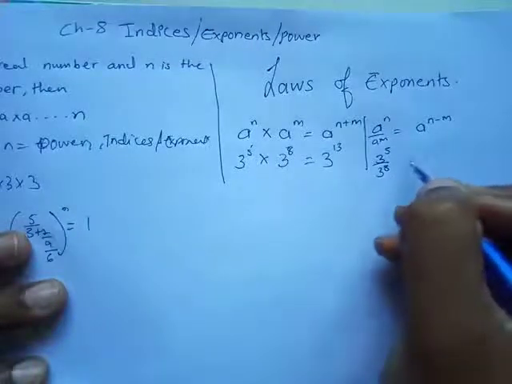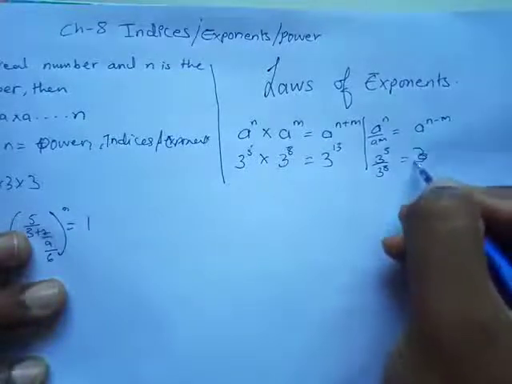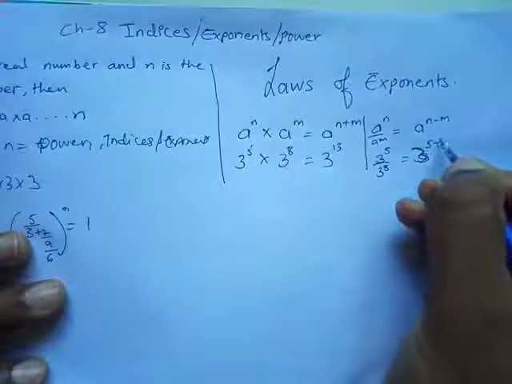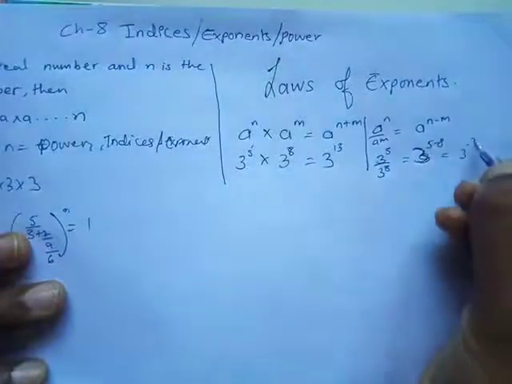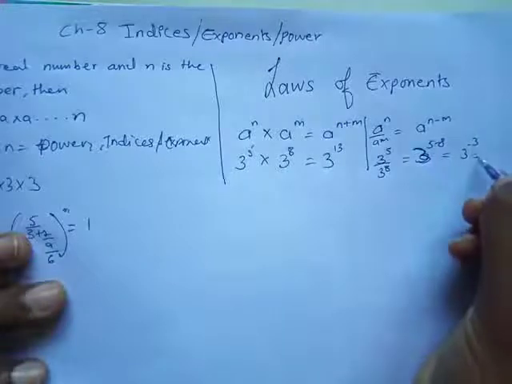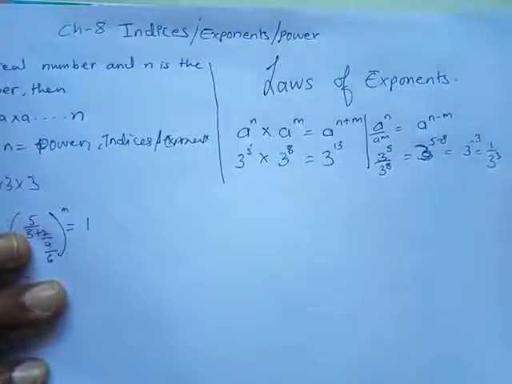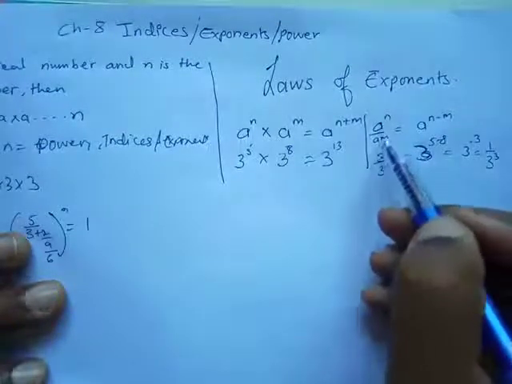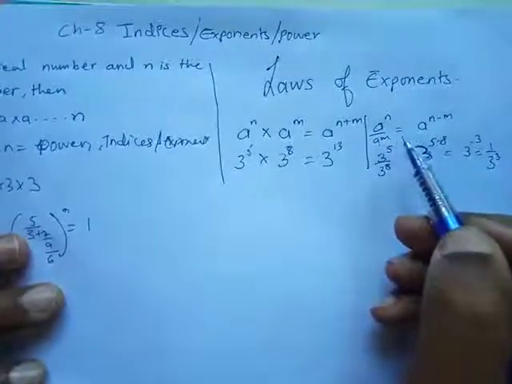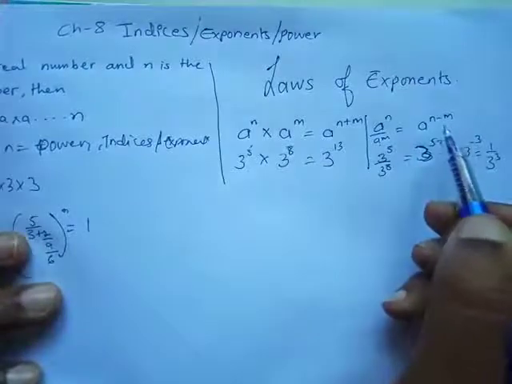Then I can write one base, that is 3, and 5 minus 8, that is going to be 3 to the power minus 3. But I can make it positive by bringing 3 to the power 3 down. So whenever the bases are the same and they are getting divided in exponents and powers, you subtract the powers.